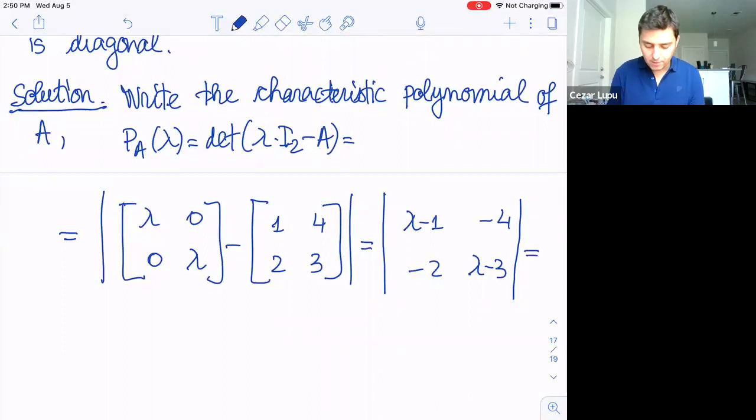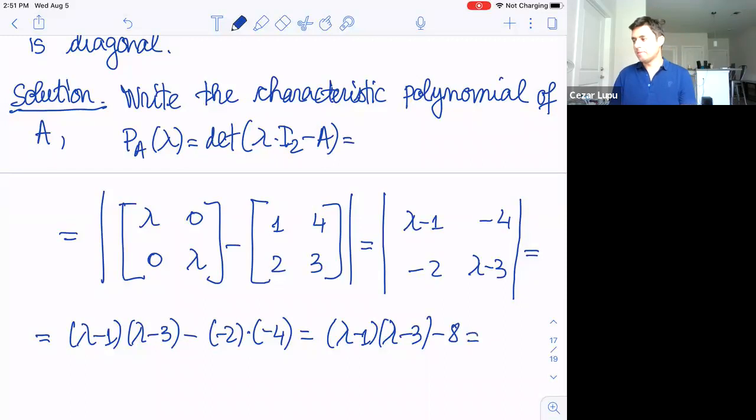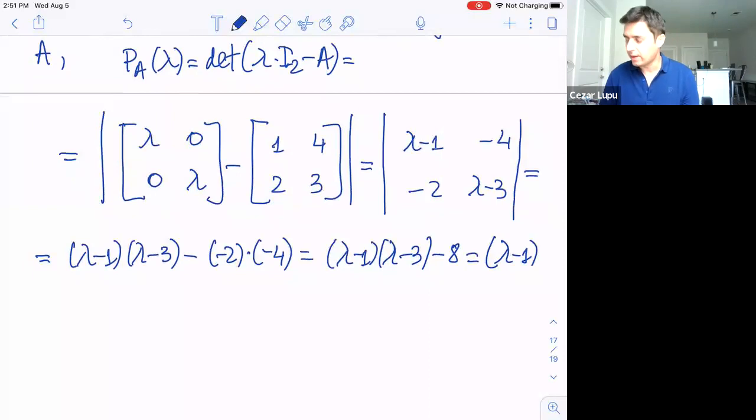Clearly the determinant of this is lambda minus 1 times lambda minus 3 minus 8, right? And this will be equal to what?